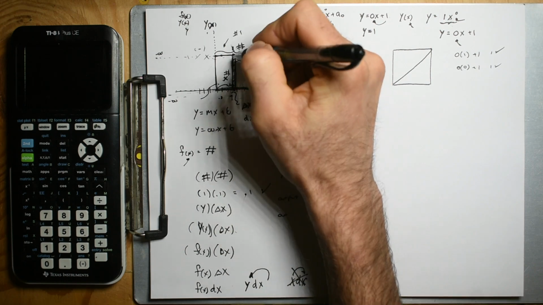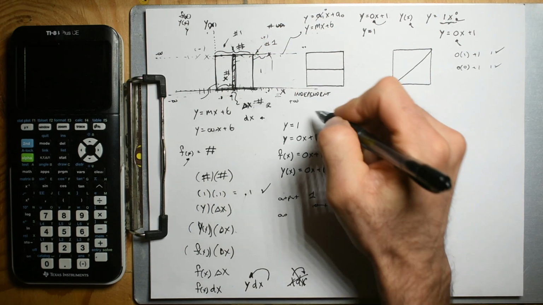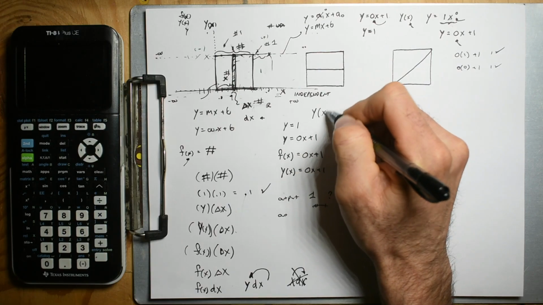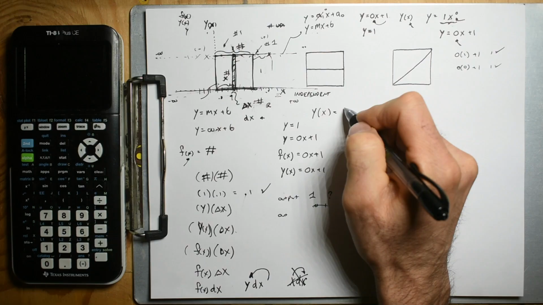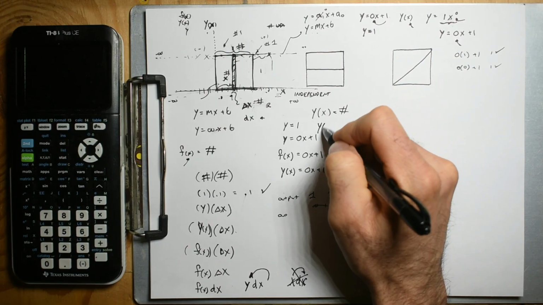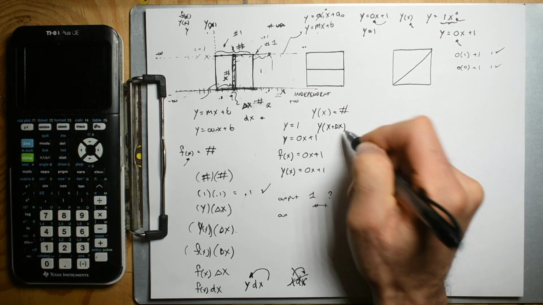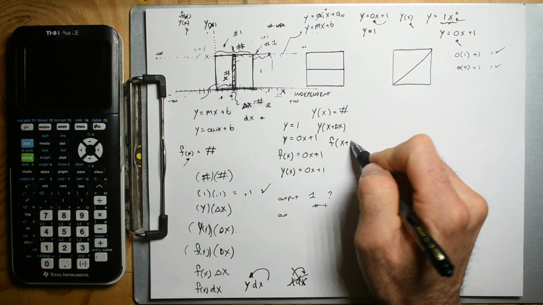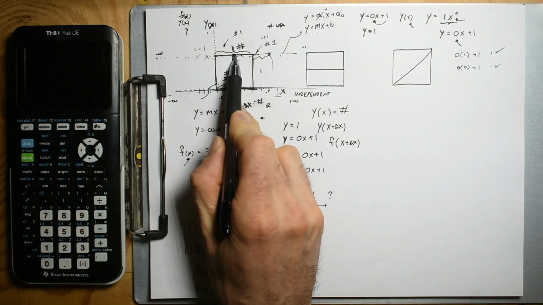I don't even care what y of x plus change in x is. This is also a good way to write it: the function evaluated at x plus change in x, which is that point right there.